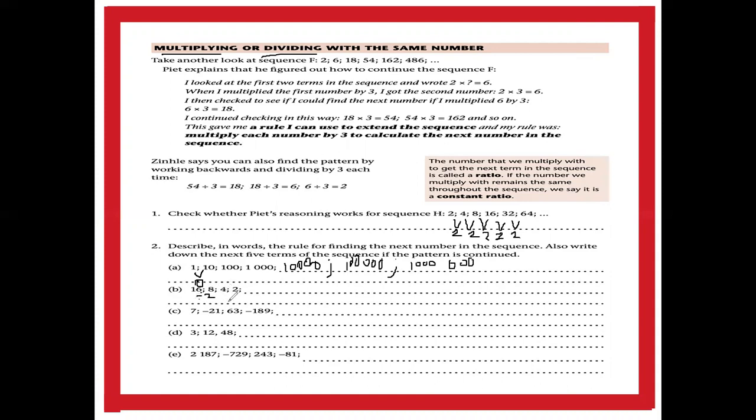And 4 divided by 2 will give us 2. So using that logic, the next term in the sequence will be 1. The next term will be a half, because we are dividing by 2. And the next term will be a quarter.